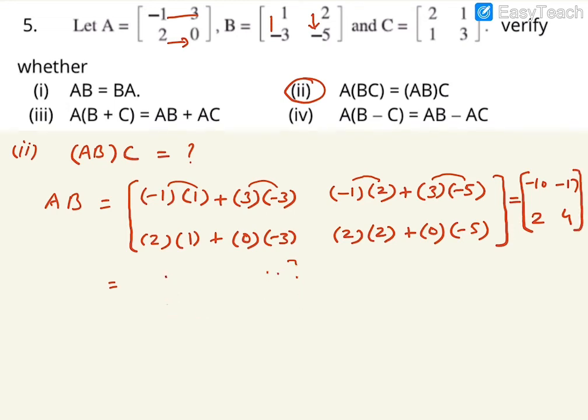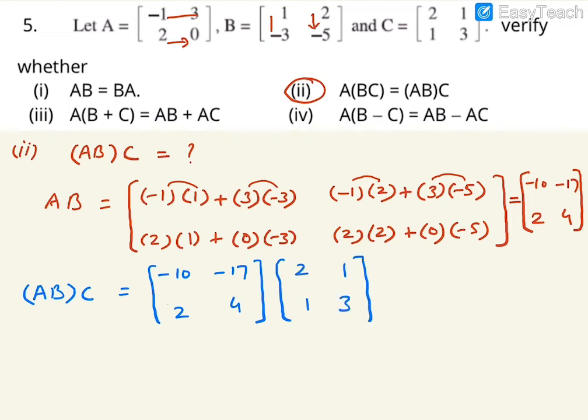Here we can find AB into C. So what will be AB into C? First write AB, minus 10, minus 17, 2 and 4, and then multiply this one with C. So what is C? 2, 1, 1, 3. Now multiply this row with this column: minus 10 and 2, minus 17 and 1.